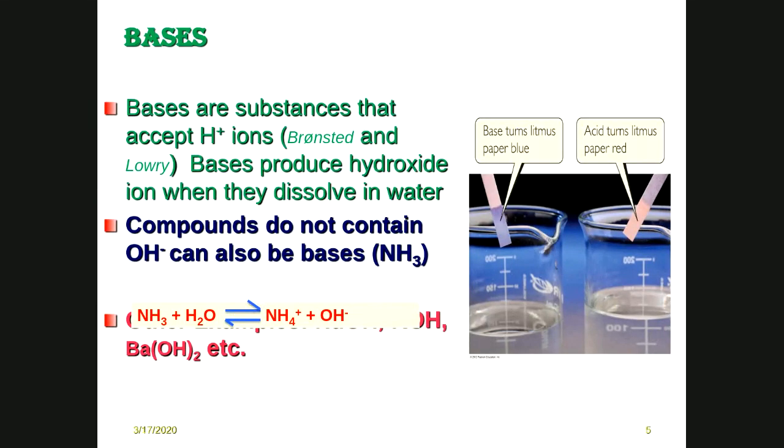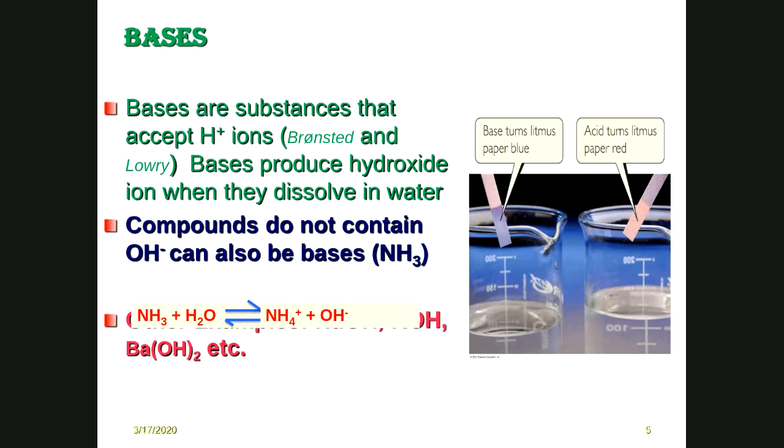Whereas bases are defined by Bronsted and Lowry as anything that accepts H plus. Compounds that do not contain OH can also be bases according to the Bronsted and Lowry concept.